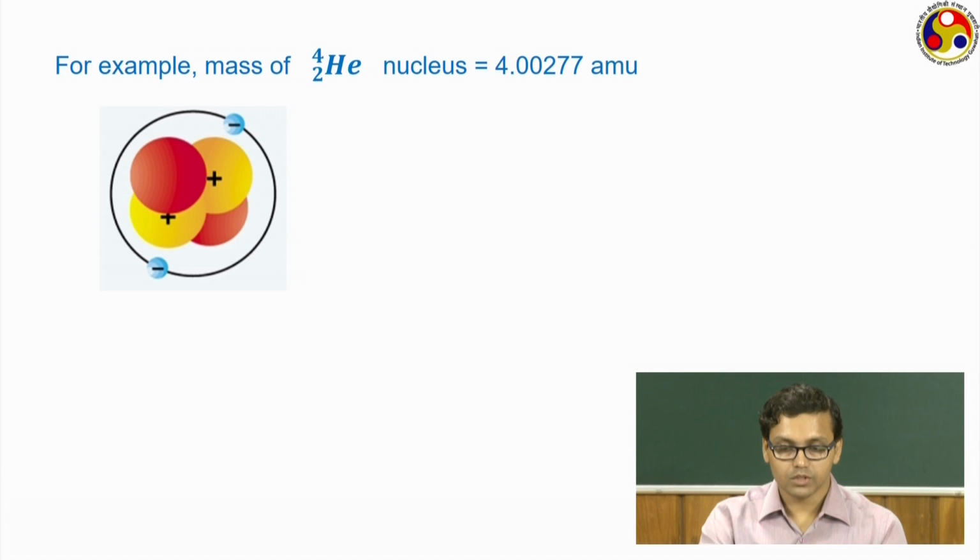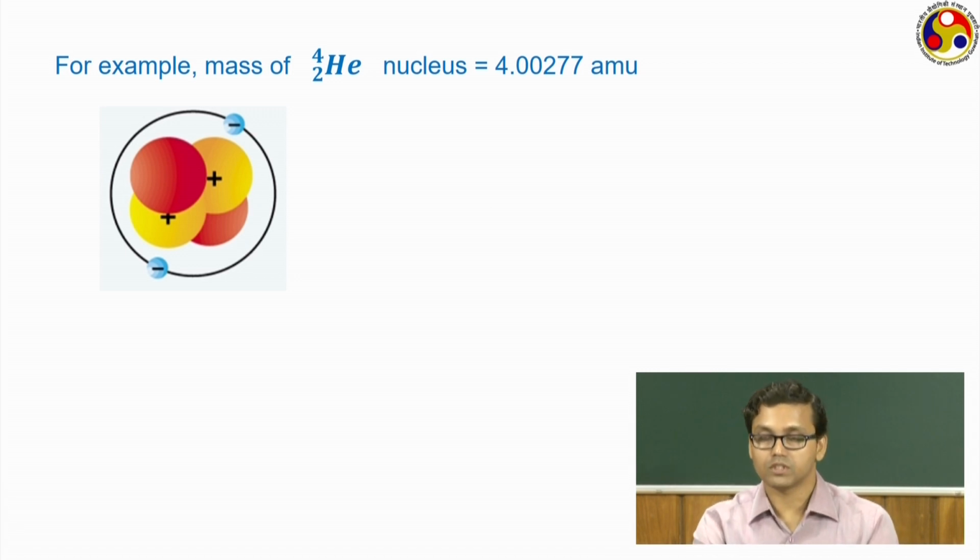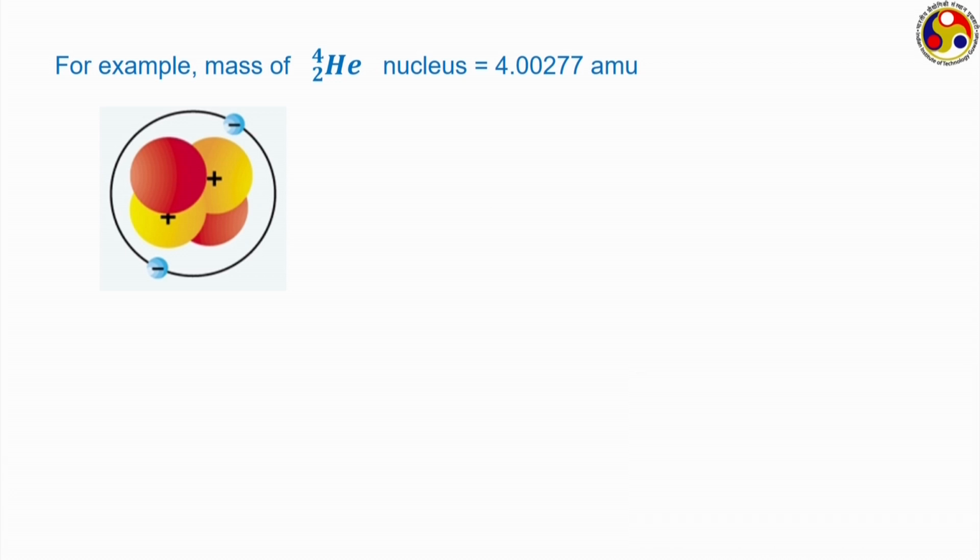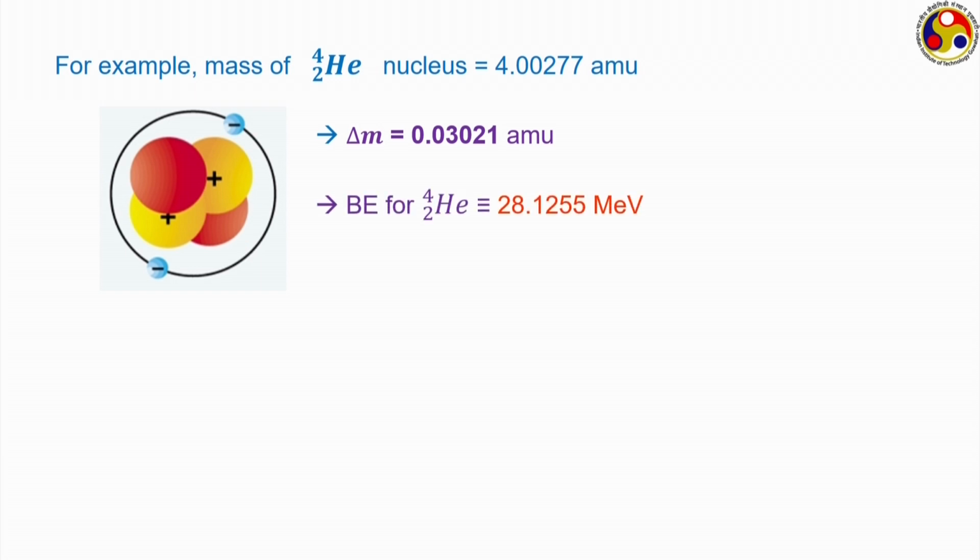Now, the mass of this one is 4.00277 AMU, which is a measured value. If we compare this with the mass of 2 protons and 2 neutrons kept separately, that is associated with a mass defect of 0.03021 AMU and a binding energy of 28.1255 MeV.